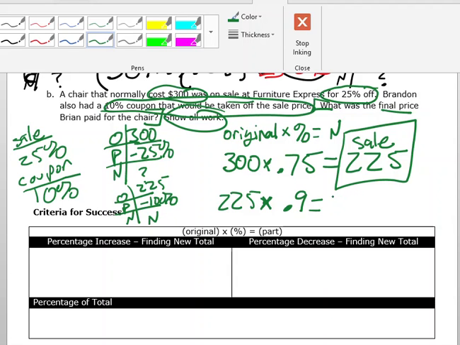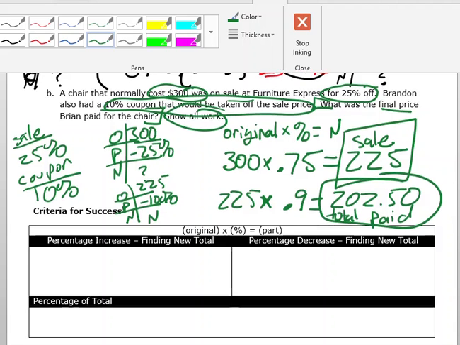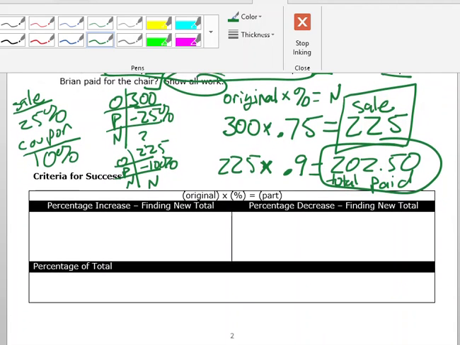And when I do that, I'm going to get $202.50. So this is the total paid, and that is after the sale and then after the coupon. And we'll go down here and take a look at this.